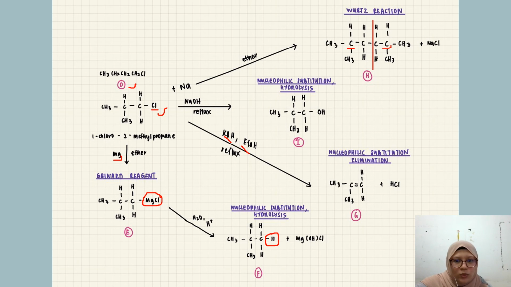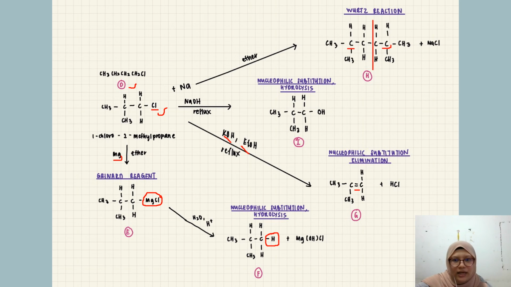So this will produce an alkene, and Saytzeff's rule is used to determine the major product. So basically, we can see here that there is a carbon double bond here when we do the elimination process.